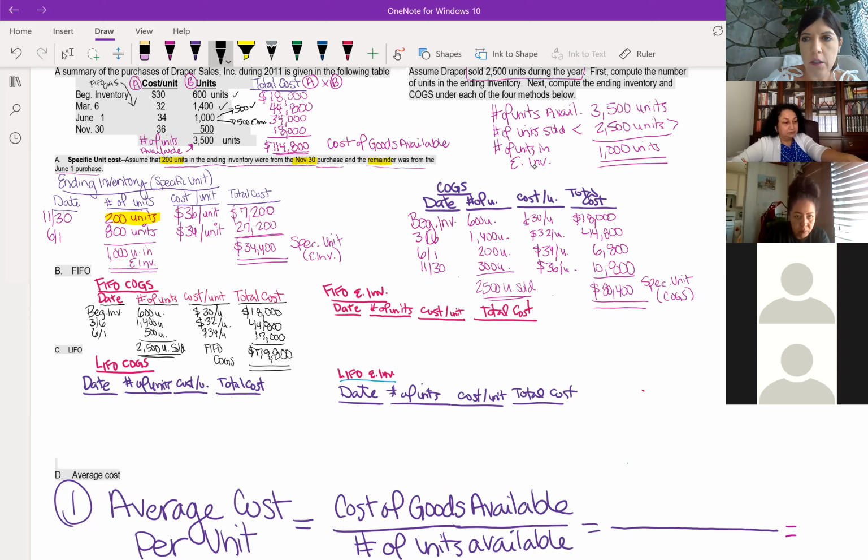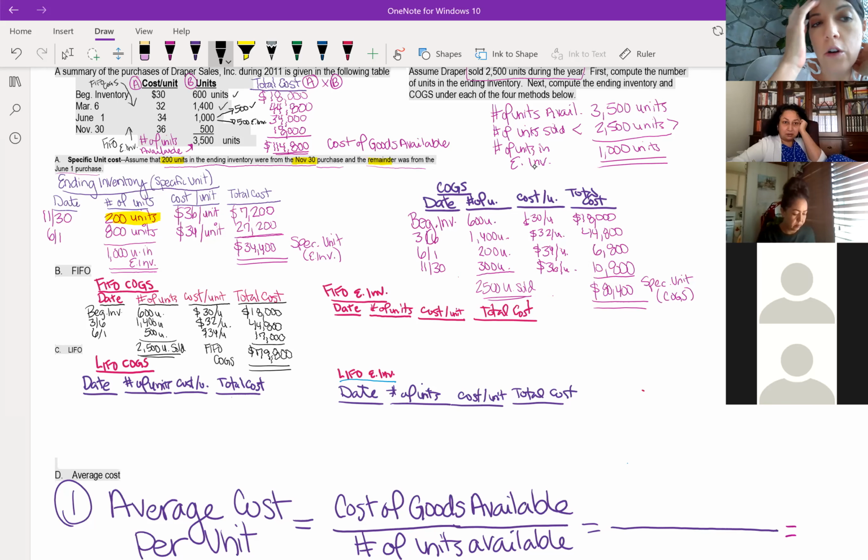Questions on FIFO's cost of goods sold? Once you do FIFO and LIFO a few times, you start feeling confident and it's a lot quicker for you. What are we left over with in ending inventory for FIFO? All of November 30th and half of the June 1st.